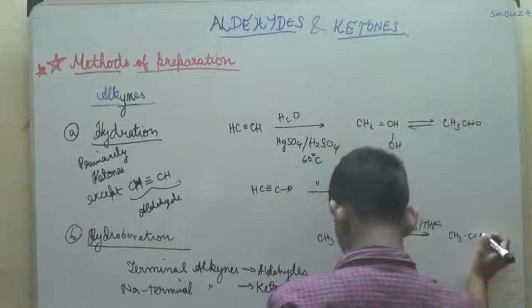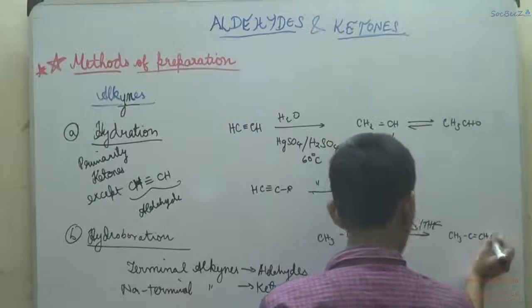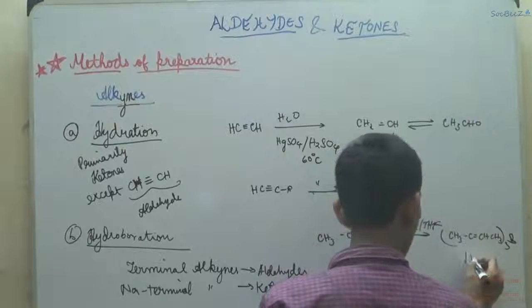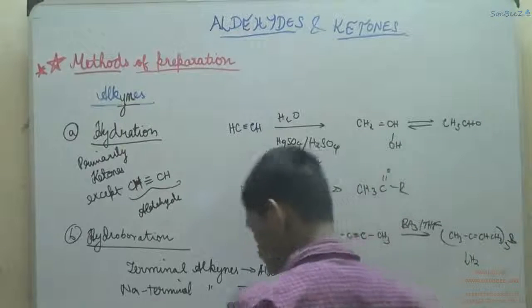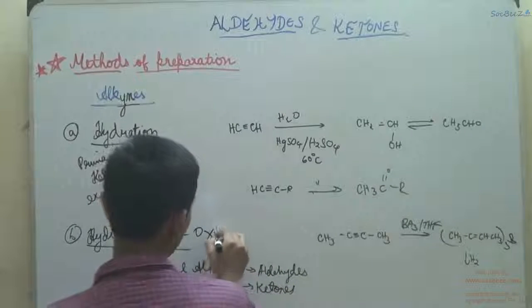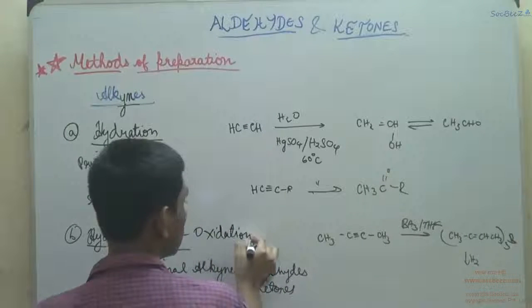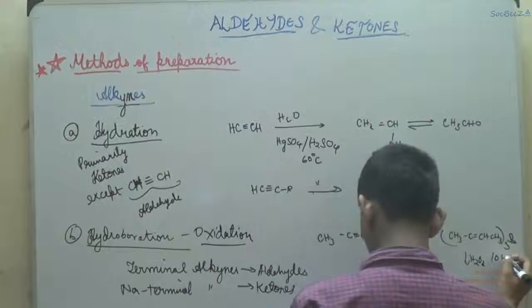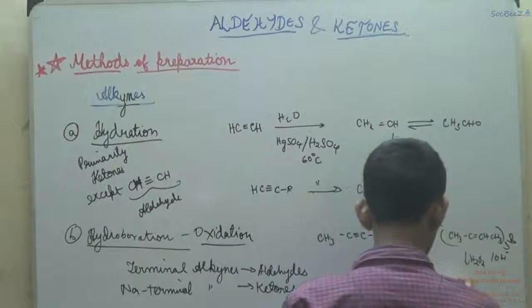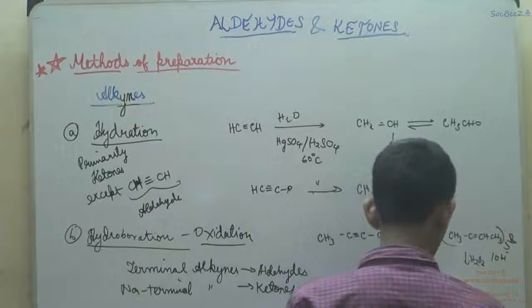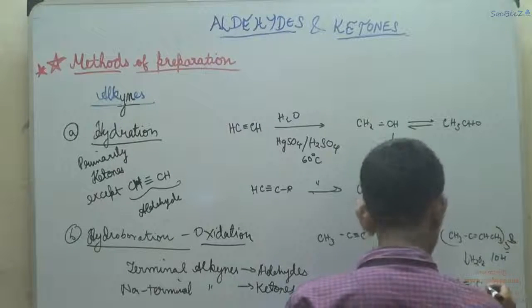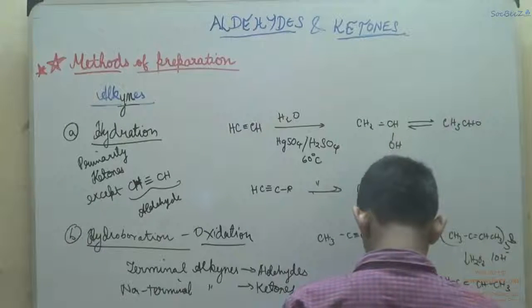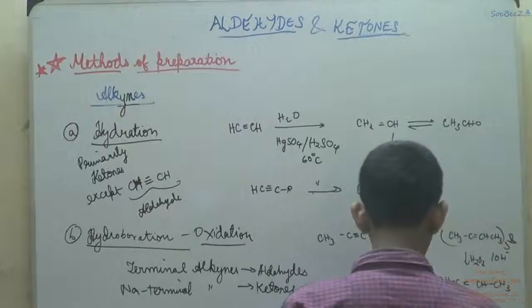CH3-C=CH-CH3 thrice. This is the organoboron compound, which, this is hydroboration and then followed by oxidation, so hydroboration-oxidation. First hydroboration, then you do oxidation using hydrogen peroxide, then you get CH3-C(OH)=CH-CH3.